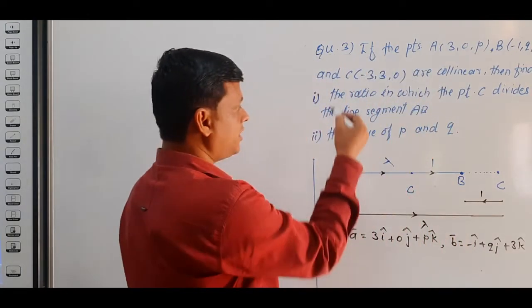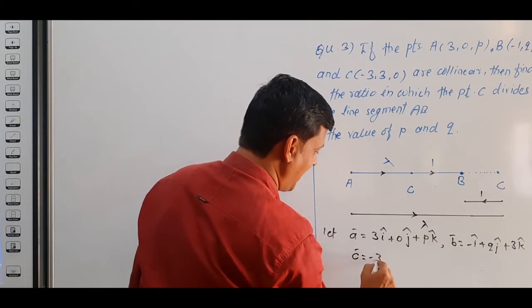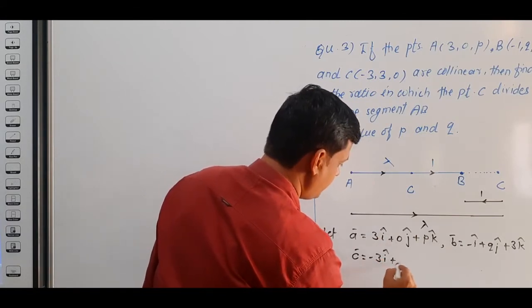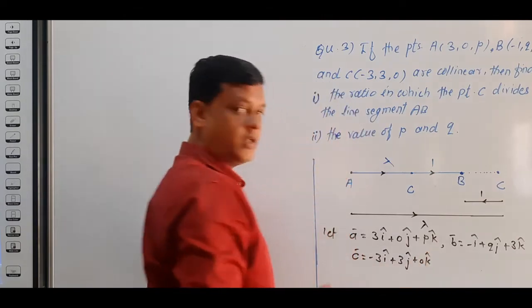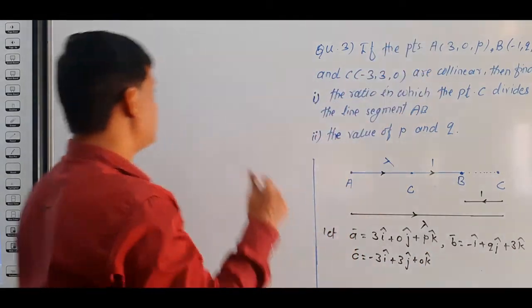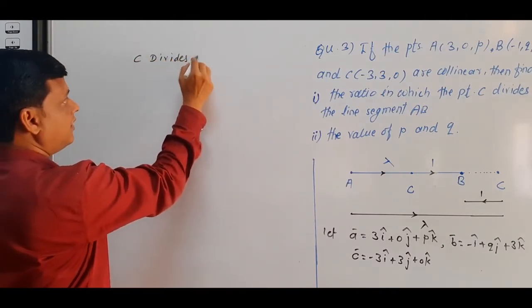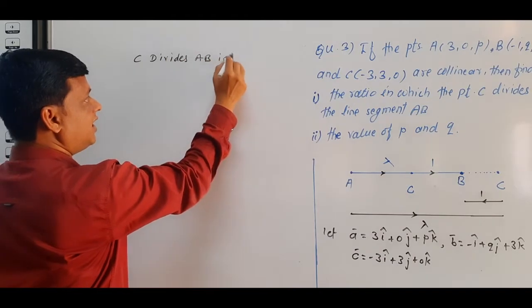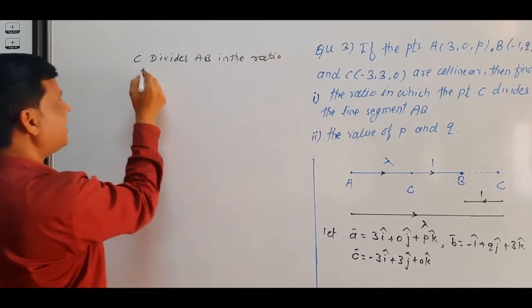And if the position vector of C is C bar, then C bar equals minus 3i plus 3j plus 0k. Now since the points are collinear, suppose C divides seg AB in the ratio lambda is to 1.